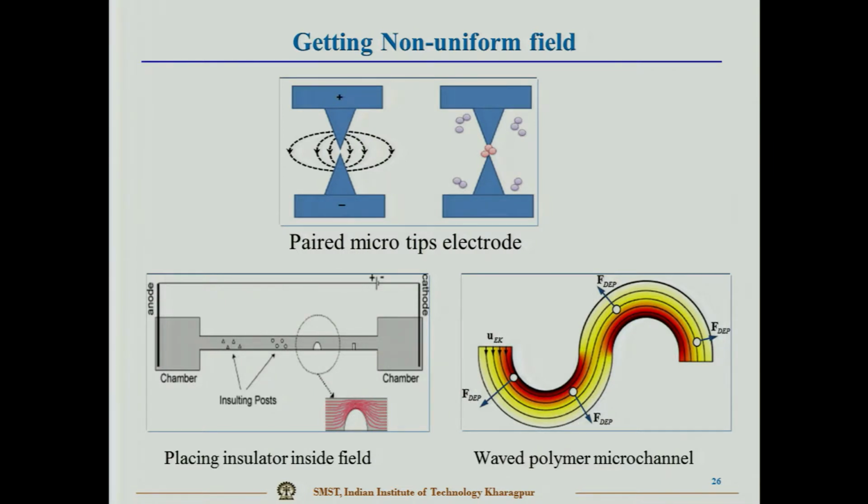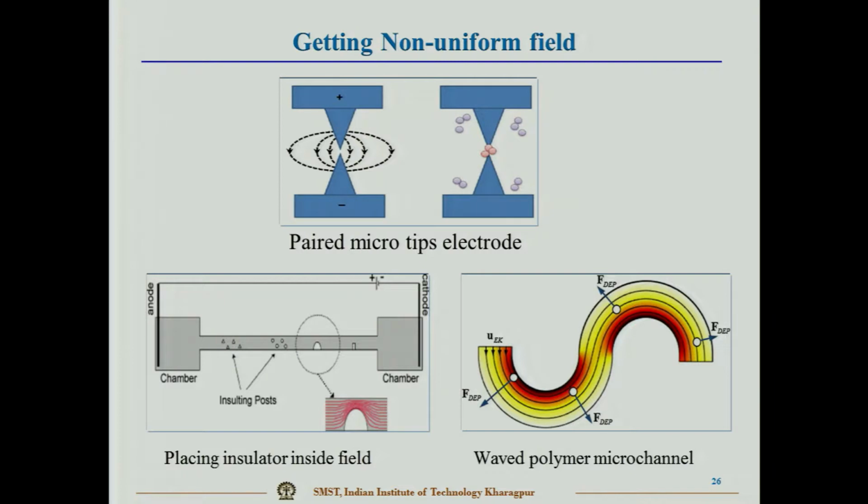That way you can get the separated cells, but it is a sequential process, because first you supply the sample, apply the electric field, and it will be trapped. Then you switch off the input flow, switch off the electric field, then apply the buffer and get the separated cells.